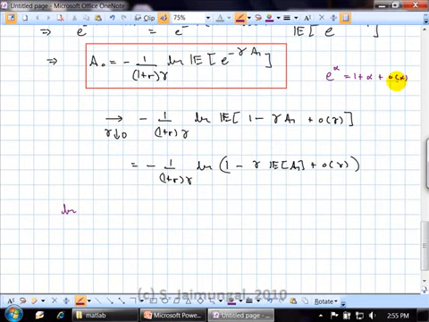I've already used that. That's what I used to go from there to there. And now I'm going to use the fact that if you take the log of 1 plus alpha for small alpha, that's equal to just alpha plus little o alpha. Okay, this comes from just Taylor expansions, basically. So if you don't remember your Taylor expansions for these things, go back and look at them.